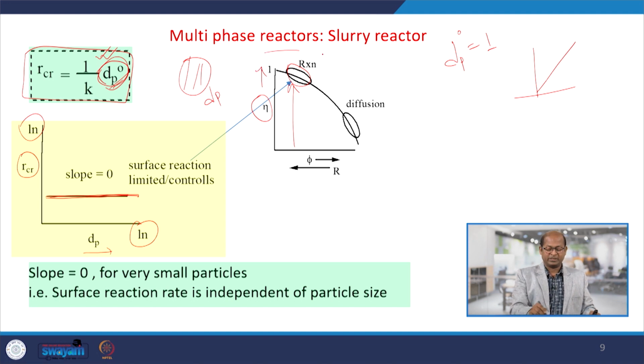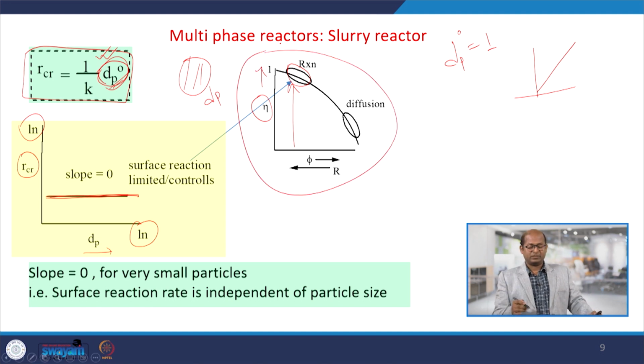So, that part, this diagram or figures, how diffusion and reactions are affected by the particle size or diameter and the Thiele modulus, we will discuss in another class; I think you have already studied it also.